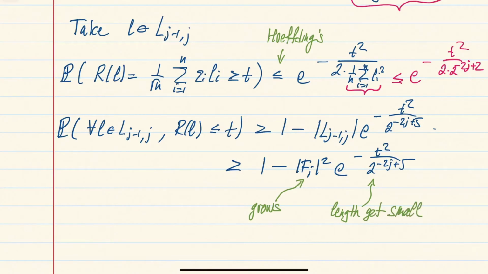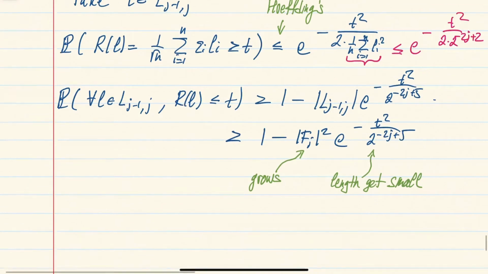In particular, because we chose this dyadic approximation, this exponential is actually a double exponential in j. Of course, the cardinality of the set of links can also grow fast, but in any case we have this competition between the complexity of the class and the size of the links.